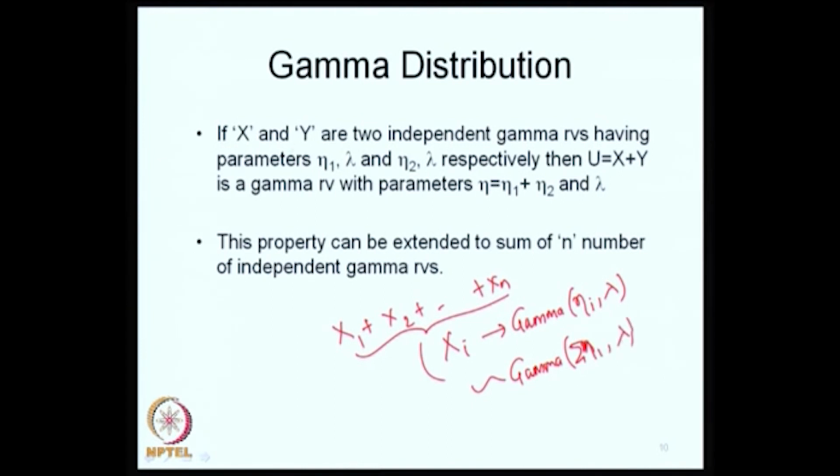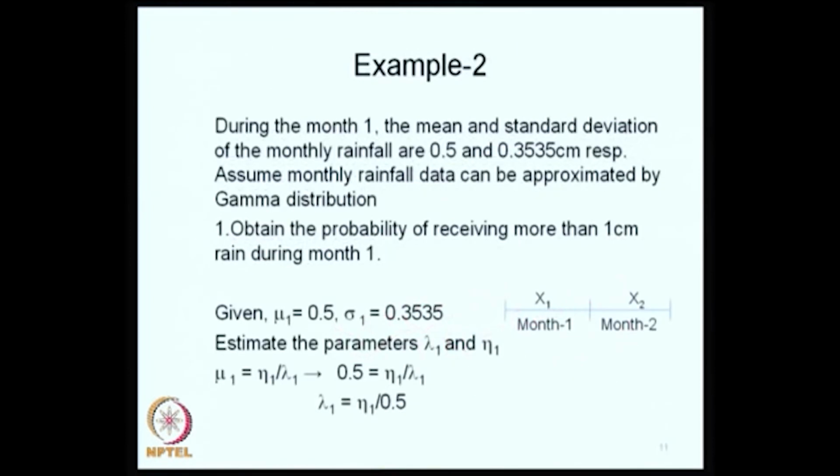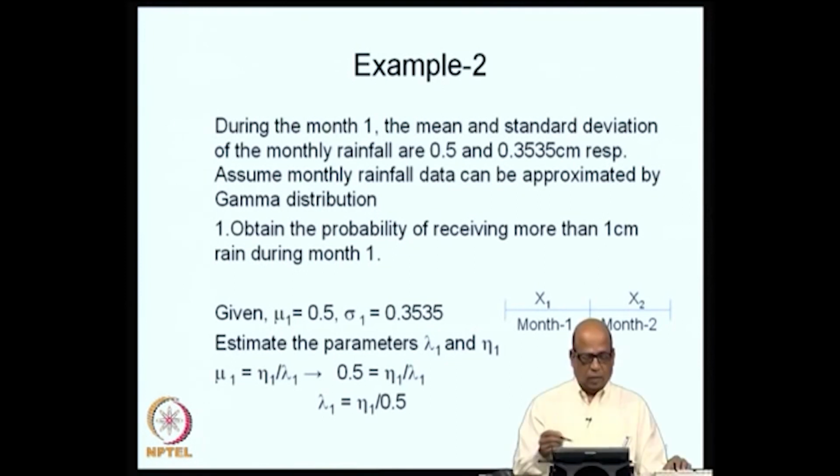So, what we stated here can be generalized with n random variables, and this is a very useful result which we use in several hydrologic applications. Let us say we take an example where we are talking about rainfall during 2 months, month 1 and month 2, which are adjacent months.